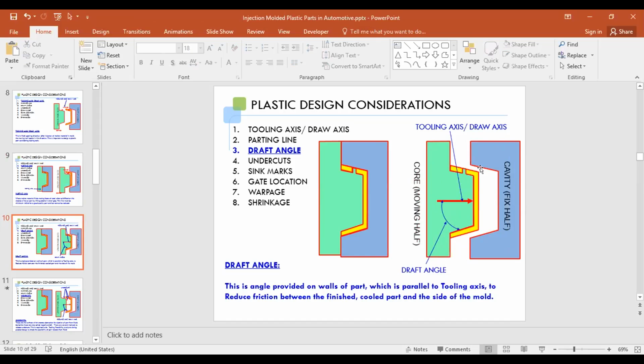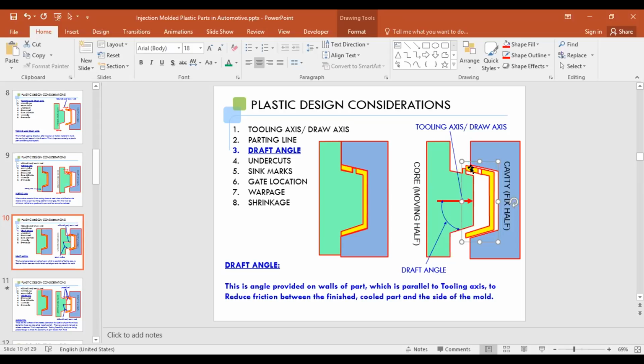Just imagine if this part doesn't have this angle and is straight. When it comes out from the cavity, it will always rub against this surface.